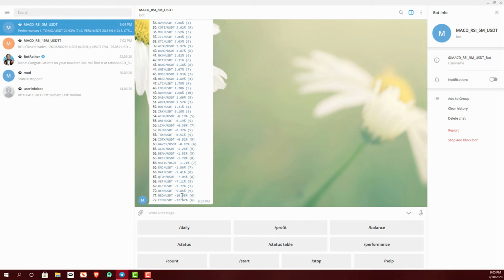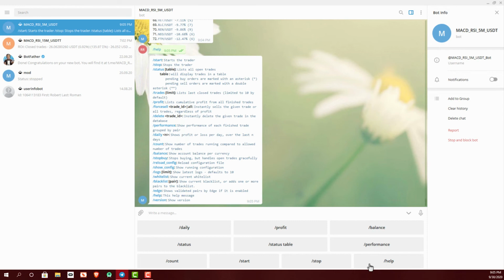I'm going to go to the help. I wanted to show you all the extra features. You could stop your trader. You could start it all over again if you need to. You can calculate how many trades you have, the profit. You could force sell if you feel like a trade just never got out in time.